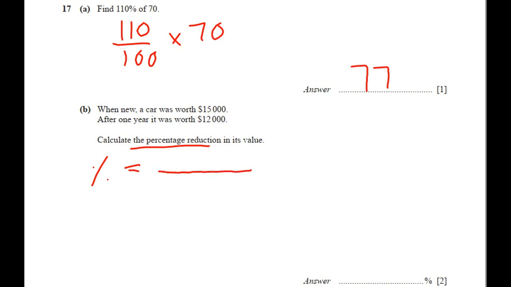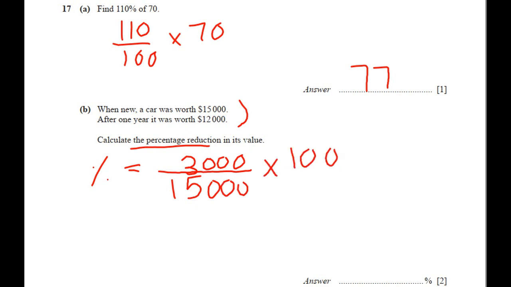No sorry, it's the reduction over original value into 100. So how much is the reduction from 15,000 to 12,000? So the reduction is 3,000 over original value was 15,000 times 100. When you simplify, you will get 20%.